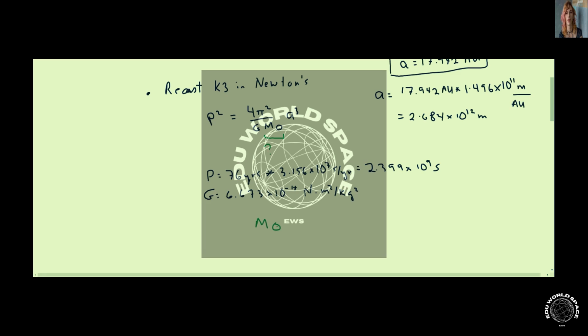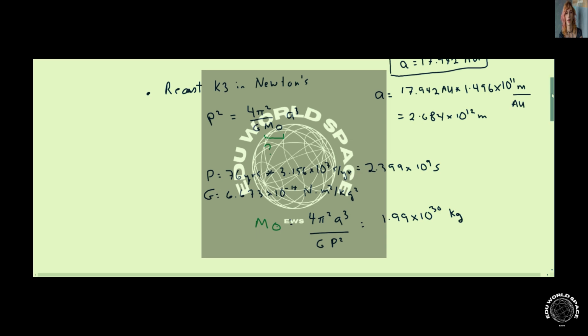It's kind of a lot of digits, but it can certainly be done with a calculator. And we find that the mass of the sun is close to 2 times 10 to the 30th kilograms. I'll keep a few more sig figs just for good measure.